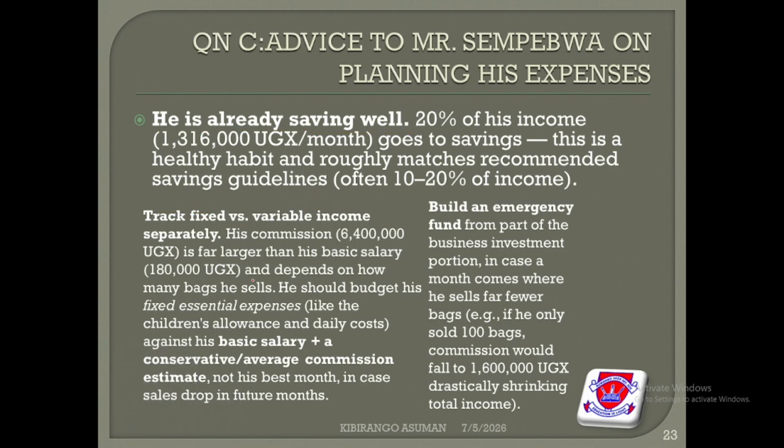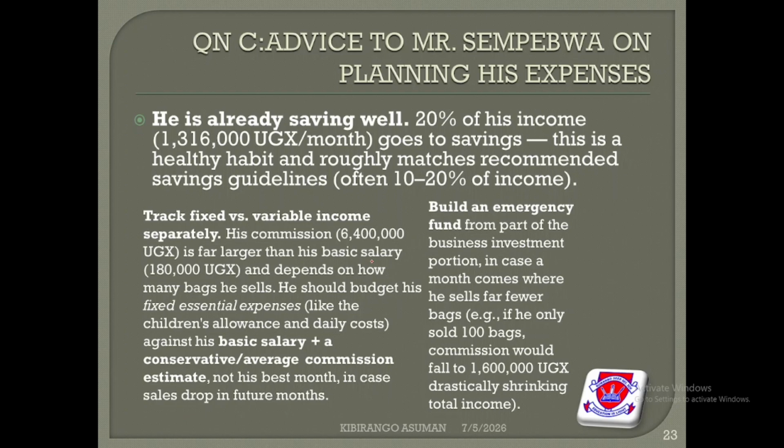His commission was 6,500, which is far larger than the basic salary, and depends on how many bags he sells. He should budget his fixed essential expenses like the children's allowance and the daily cost against his basic salary, plus a conservative or average commission estimate, not his best month, in case the sales drop in future months.